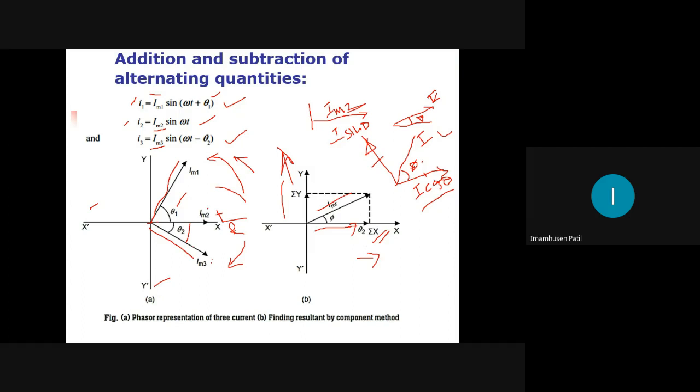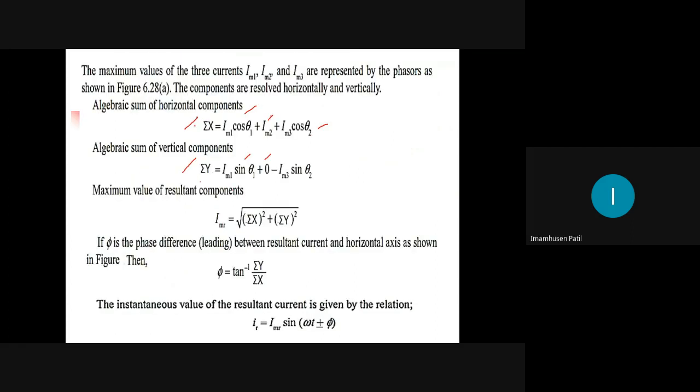When you resolve this component into a vertical component, it comes down in the y minus axis, so this quantity will be minus. IM1, when resolved into the y component, comes into the plus y axis, that's why IM1 is plus here. IM3 is minus here.